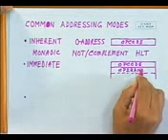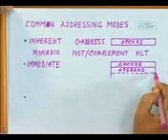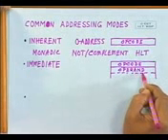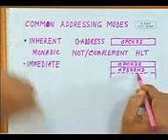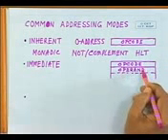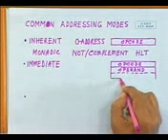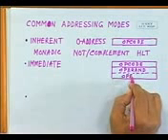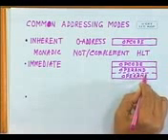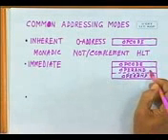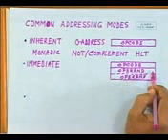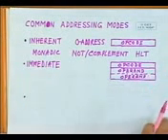You don't require any address to point to the operand. The operand itself is provided as part of the instruction. If the operand is of 1 byte, it immediately follows the opcode. Otherwise, you may require another byte to store the second part of the operand, that means lower order byte and higher order byte. If your data or operand is of 8 bits, then you require only 1 byte. If the operand is of 16 bits, you require 2 bytes.